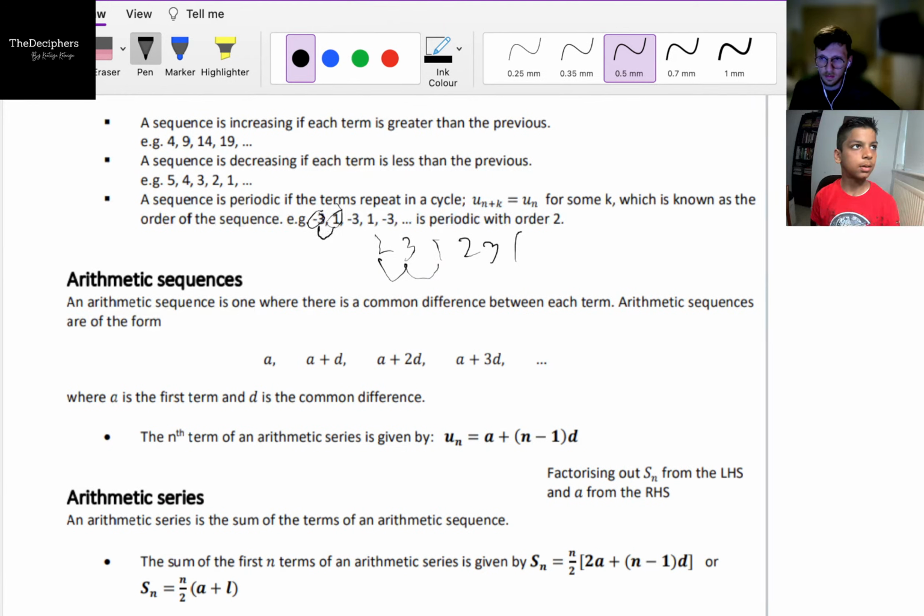Arithmetic sequences are of the form a, then a plus d, then a plus 2d, then a plus 3d, and it keeps going like that, where a is the first term and d is the common difference. And the nth term of an arithmetic sequence is given by u of n is a plus n minus 1 times d.